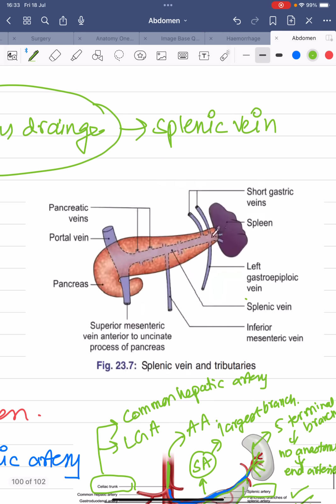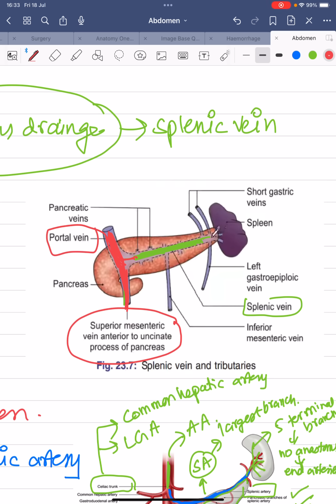The vein which I am highlighting in green color is the splenic vein. It joins with the superior mesenteric vein, which I am highlighting in red color, anterior to the uncinate process of the pancreas, and when they join together they form this large vein, known as the portal vein.